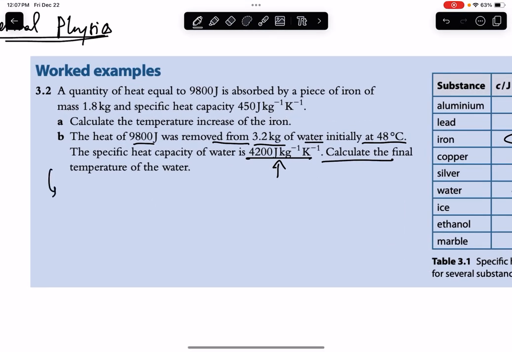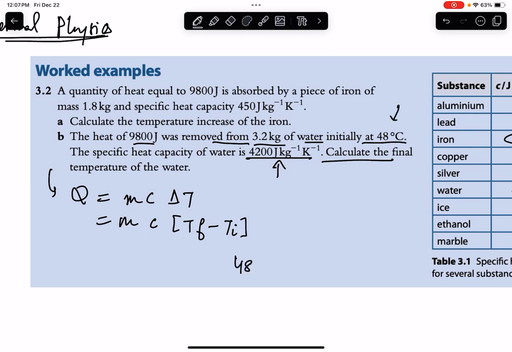For part B, once again we simply use the formula that Q is MC delta T, which is mass times specific heat capacity times the final temperature minus the initial temperature. We know the initial temperature of the water, so this is 48. We do not know the final temperature, so we will say that this is TF minus 48.